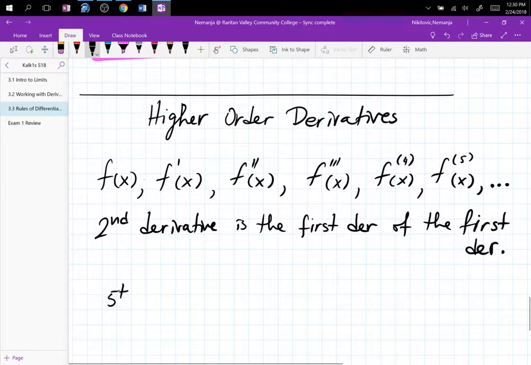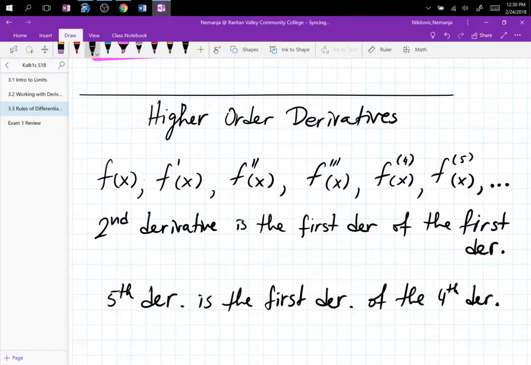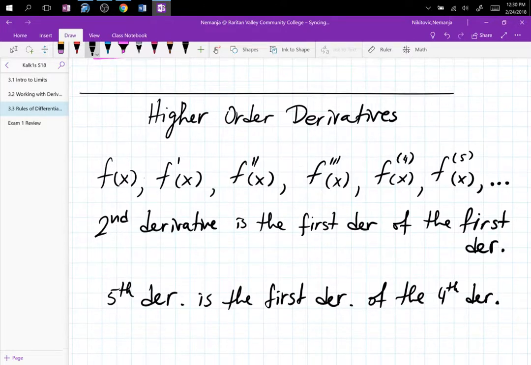And the fifth derivative is the first derivative of the fourth derivative. So in order to find the eighth derivative, you have to have all the seven derivatives prior to that one. And there is no skipping them unless you know what's going to happen.